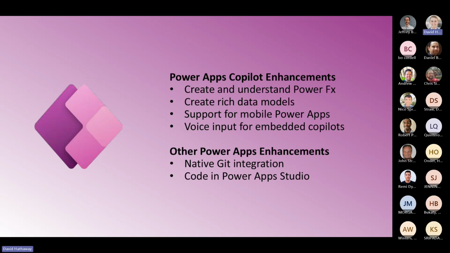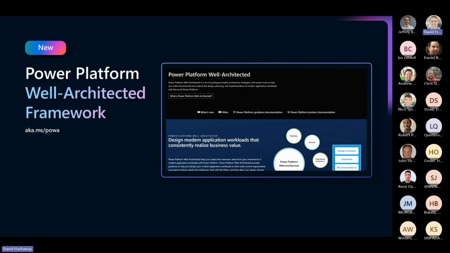The last thing I want to call out was not necessarily an announcement at Build, but the product group and a lot of teams at Microsoft have been leaning in and have developed a well-architected framework. This is guidance, and I think a lot of it's focused on Power Apps, but generally on Power Platform broadly.